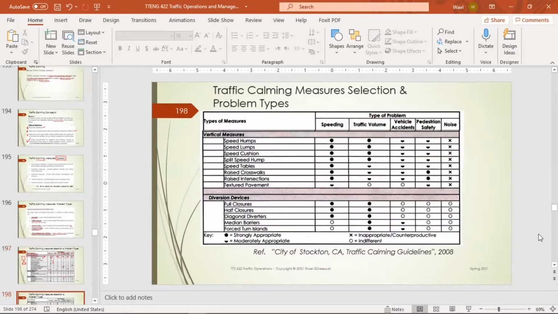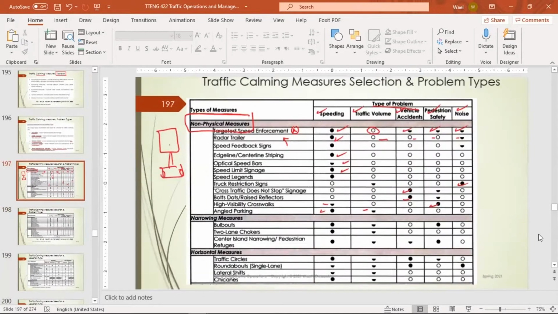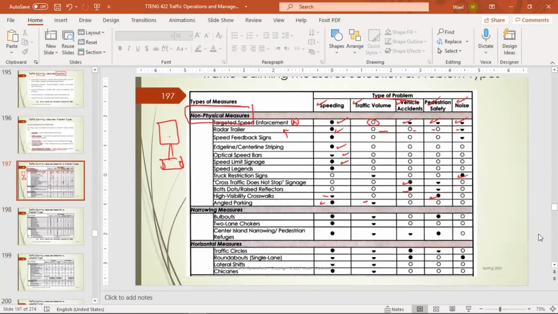But when we go to the second category here, the narrowing: bulb outs, two-lane chokers and center aisle narrowing are all good for speed. Drivers usually reduce speed. It's also partially good for traffic volume.